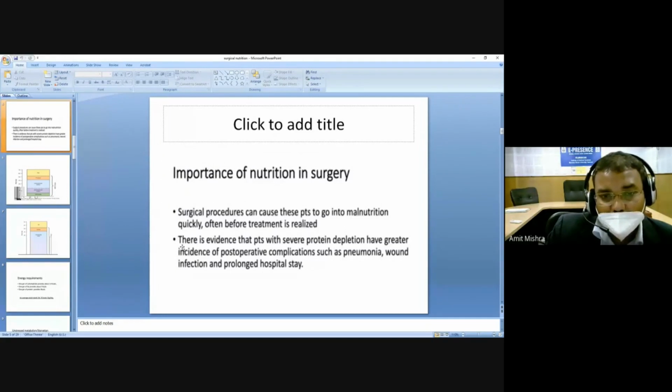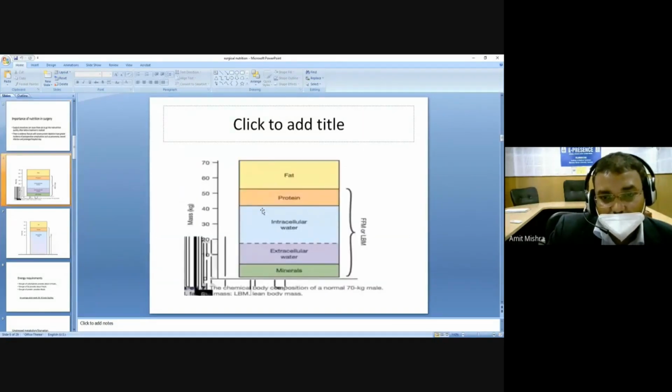Prehabilitation is one of the important factors. That's why in rehabilitation we find a lot of other people involved in the management of this nutritional aspect of the patient, either going for surgery or going for any intervention.